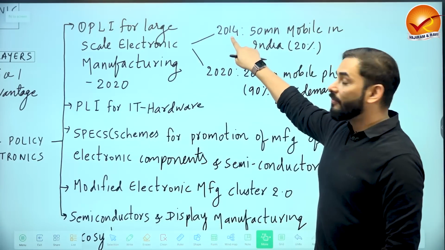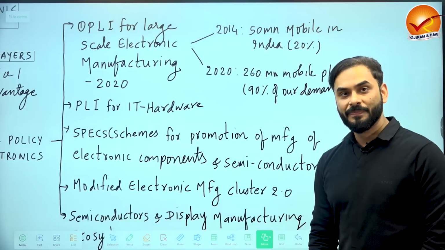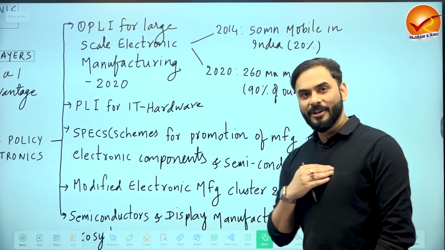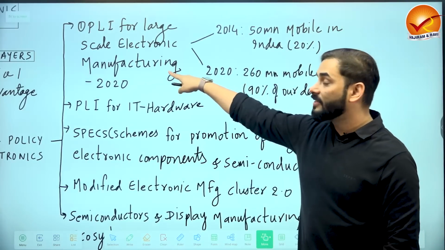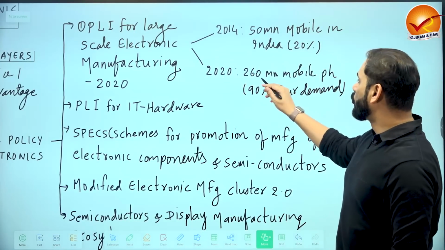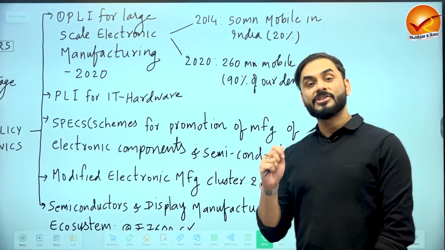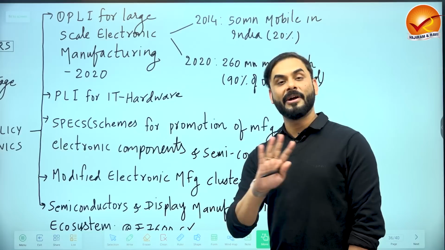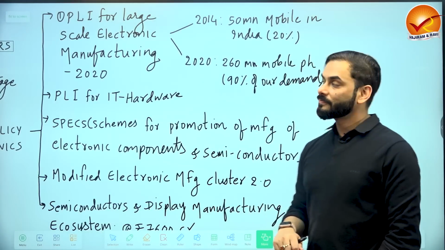In the year 2014, India was manufacturing 50 million mobile phones, which was just 20% of our demand. But in the year 2020, after this production linked incentive, 260 million mobile phones were manufactured in India, which was sufficient to cover 90% of demand in India.